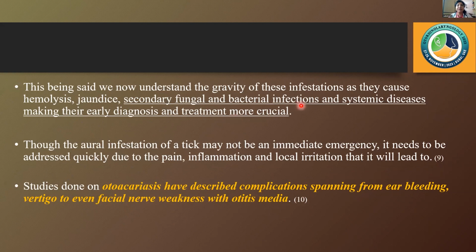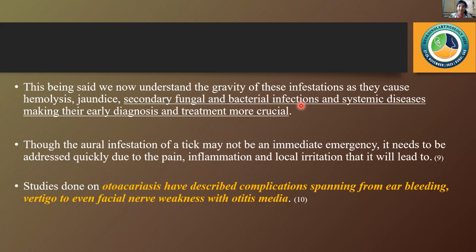So more often than not, when this particular tick is infested onto the external auditory canal, especially if the tick is not an adult and it's in its nymph stage, when it has an engorgement following a blood meal, it sort of appears like a bleb of blood. So we might wrongly presume it to be some clot or blood or dirt, and we might just flush it out of the external auditory canal without properly examining the remaining part of the ear or the patient.